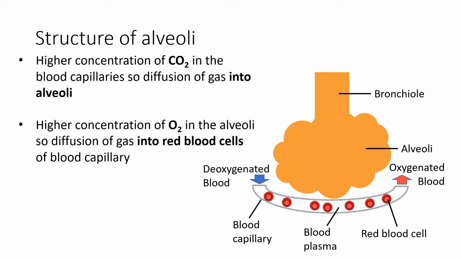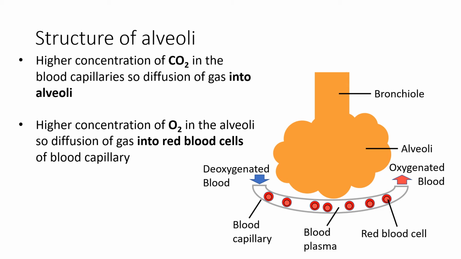Inside the alveoli, you have very high concentrations of O2. Inside the blood, you have very low concentrations of O2 because the O2 has been used in respiration. And we'll come back to that later on in another presentation. That means that from a high concentration to a low concentration, the gas O2 moves by diffusion, and it moves into the red blood cells.